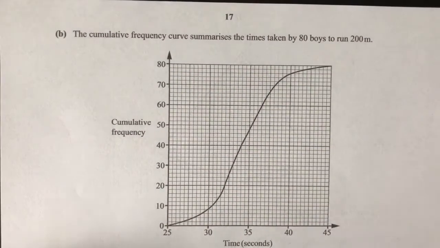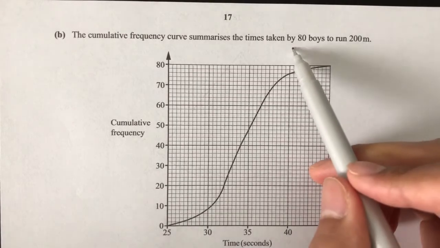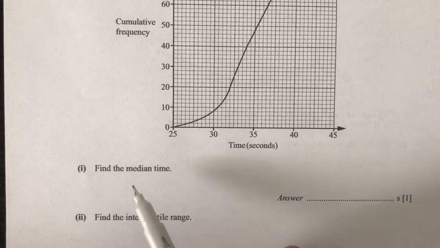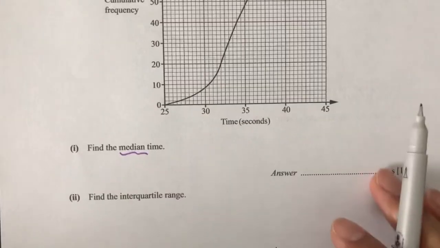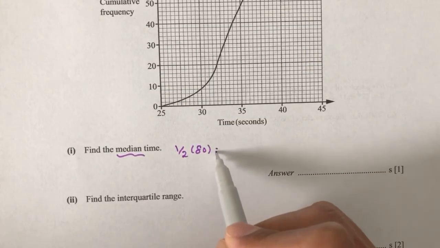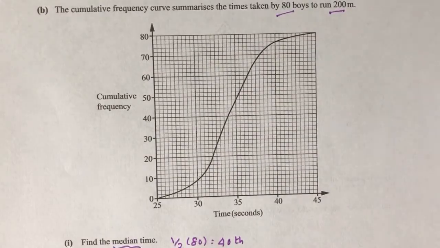Moving on to part B, we have the cumulative frequency curve that summarizes the time taken by 80 boys to run 200 meters. Part 1, find the median time. So since we have 80 boys, the median will be the mid value, so half of 80. That will be the 40th element, which is on the graph.